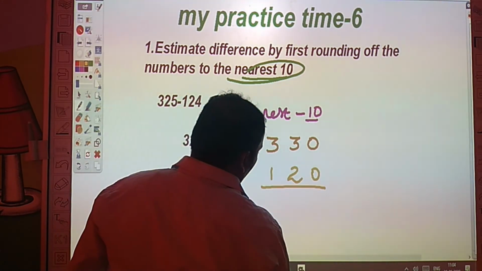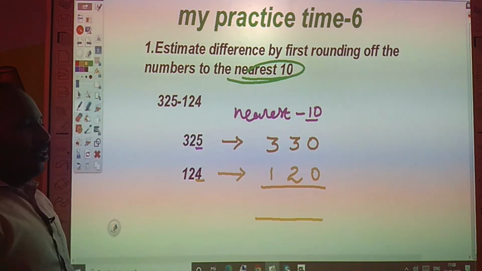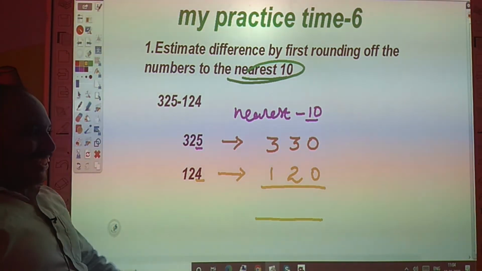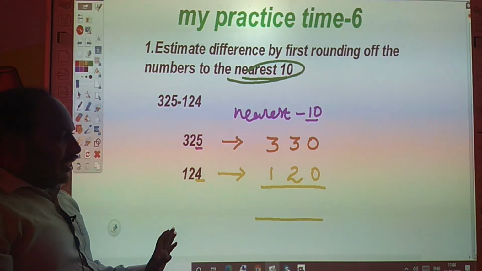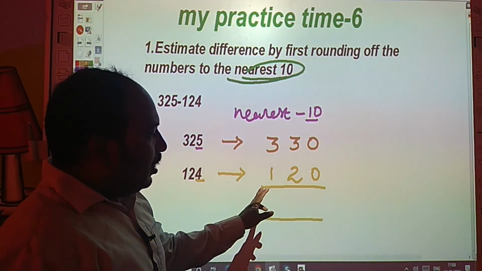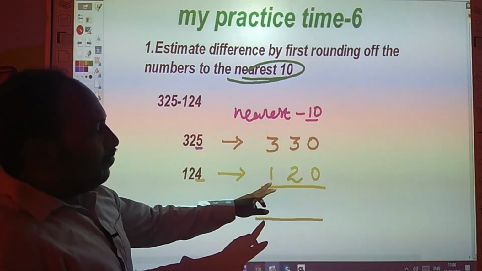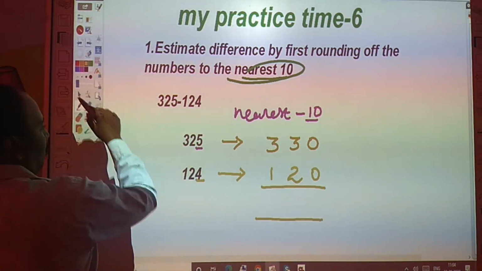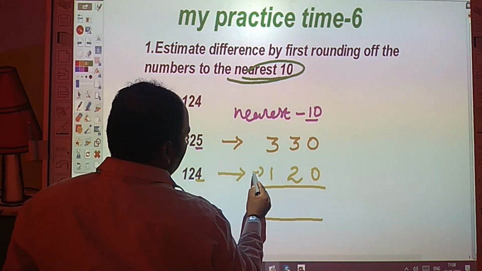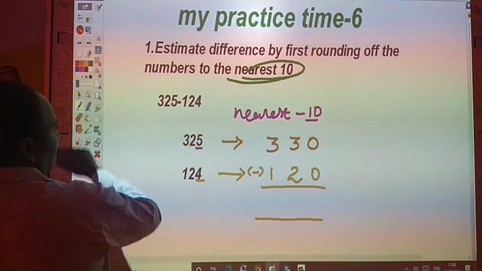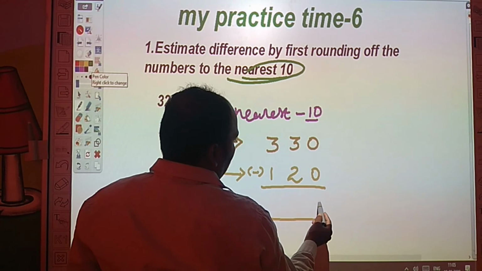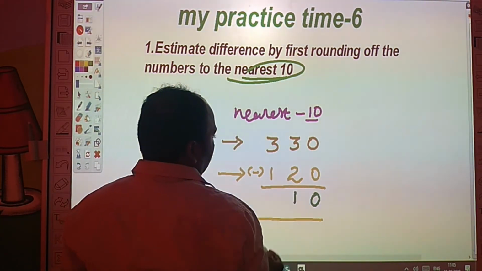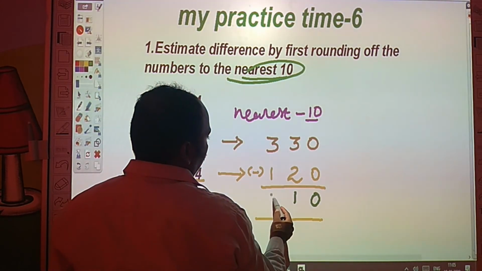We want to estimate the difference, so we subtract 120 from 330. 0 minus 0 is equal to 0. 3 minus 2 is equal to 1. 3 minus 1 is equal to 2.